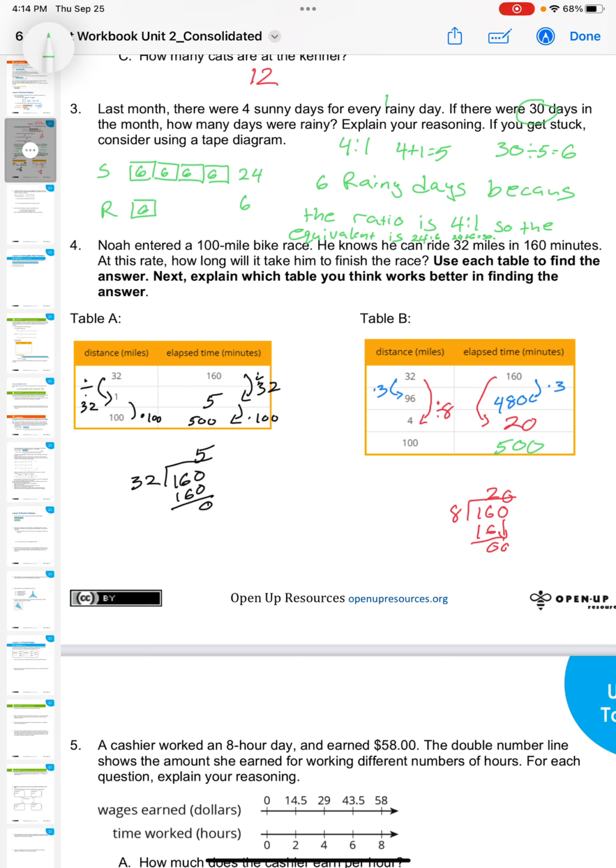Now, this next part, explain which table you think works better, that is a personal preference.